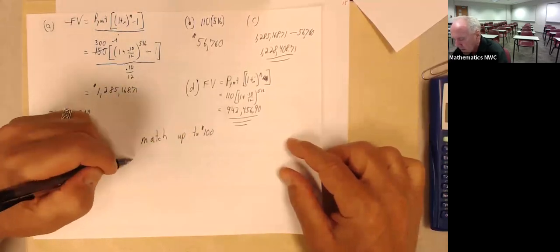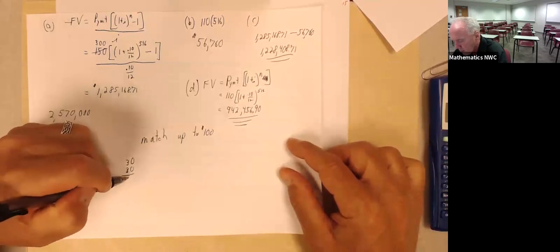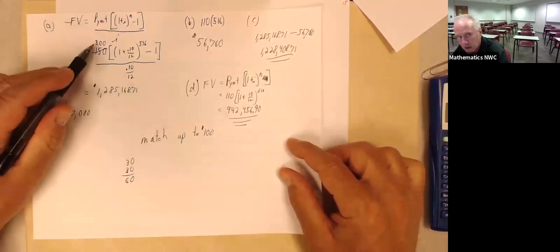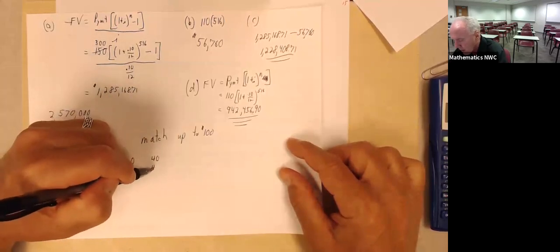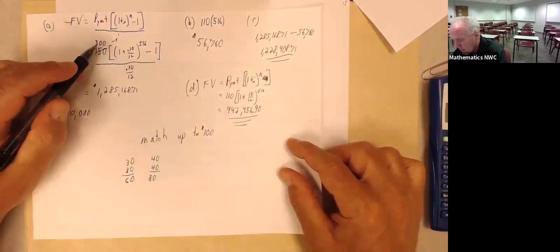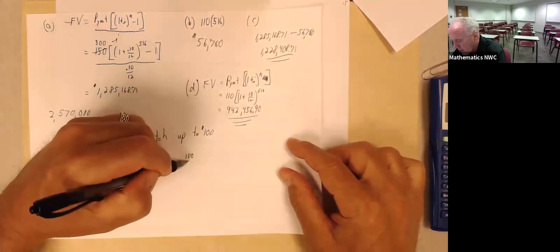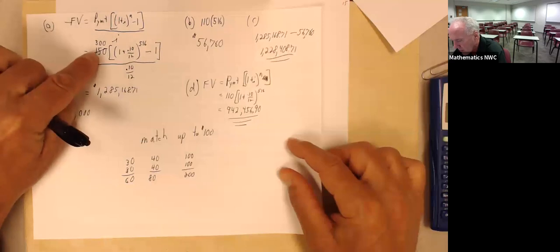Okay, what does that mean? It means if you put away 30, they'll put away 30 for you. You would have 60 to put in every time. If you put away 40 every month, they'll match it at 40, and you would put in 80 every month for that payment. If you put in 100, they'll match it at 100, and you would put in 200 there.